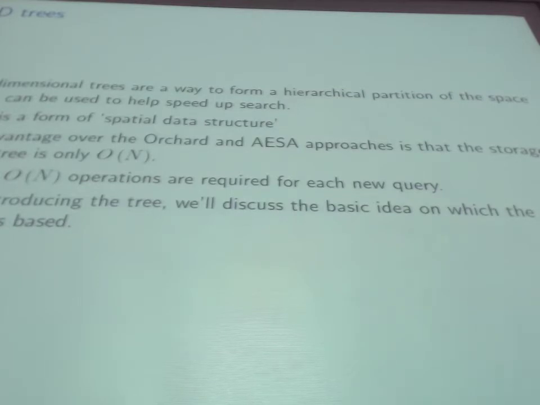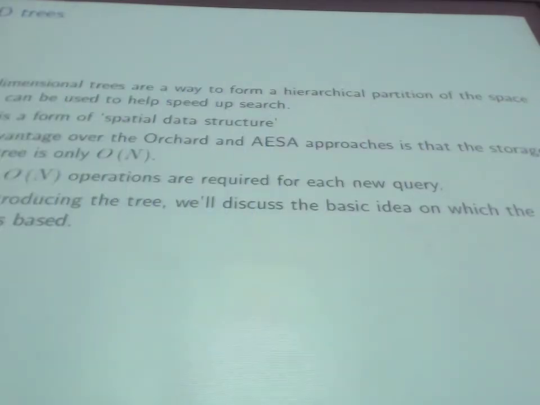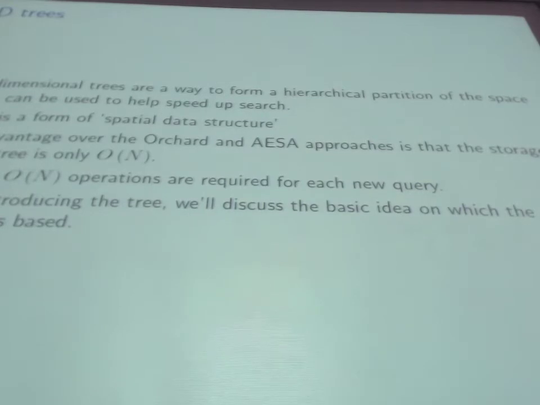And a KD tree is a kind of what they call a spatial data structure. In this case, it's a hierarchical partition of the input space. And we don't have to store much. The storage is very cheap, and basically there are no obvious order n operations required, except in some worst case.